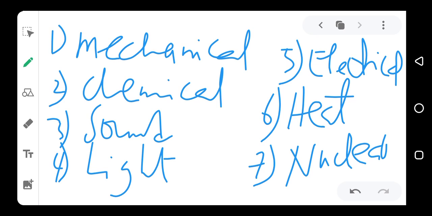Now we have light energy. Light energy is the energy that is stored as radiation in an object. This light energy falls under what we call electromagnetic energy.